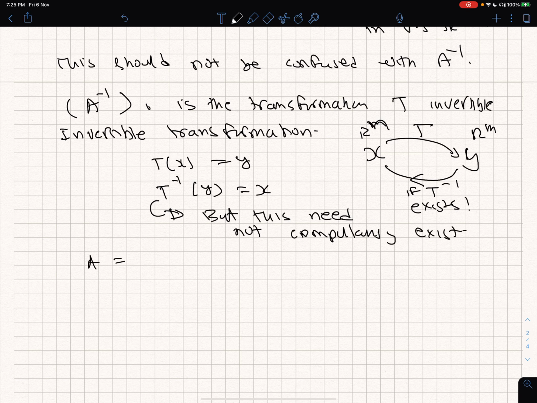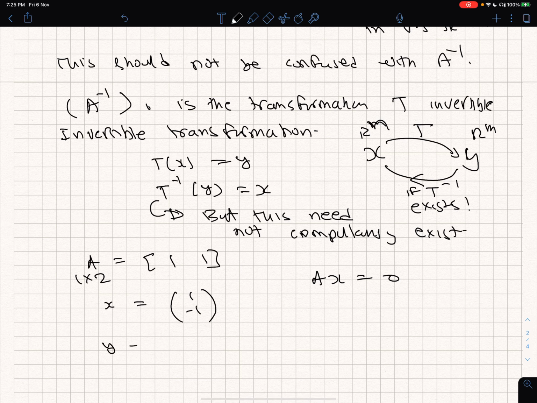Let's take A to be a 1 cross 2 matrix, 1 and 1. Now take a vector x as 1 and minus 1. So where does Ax go? Ax goes to 0.